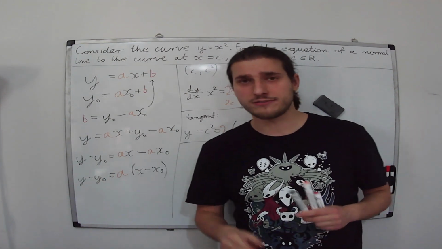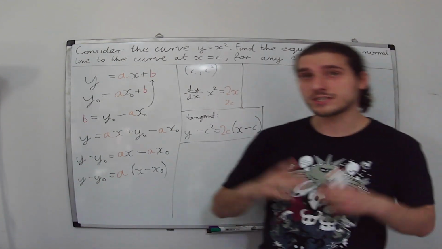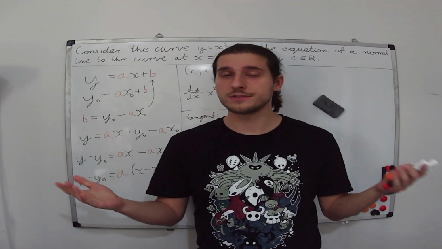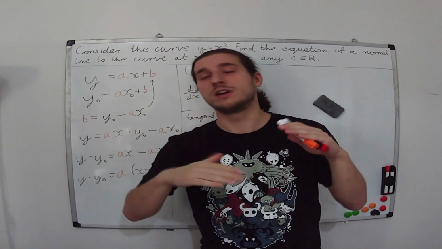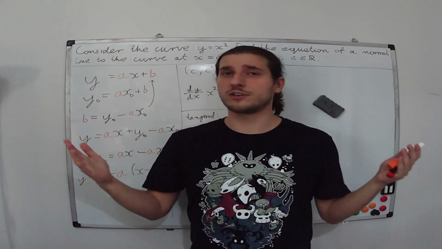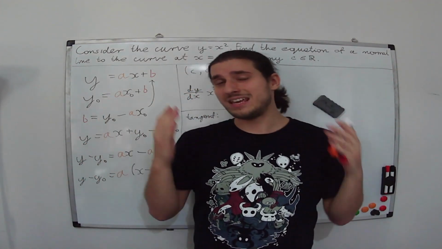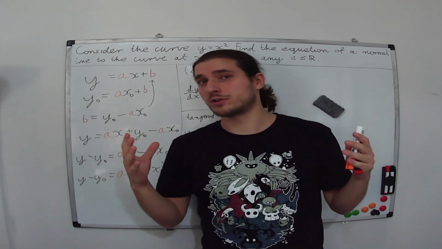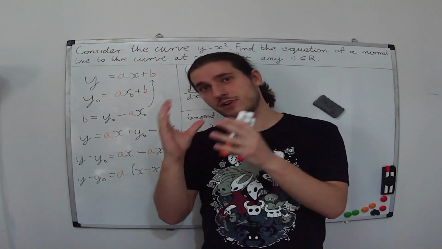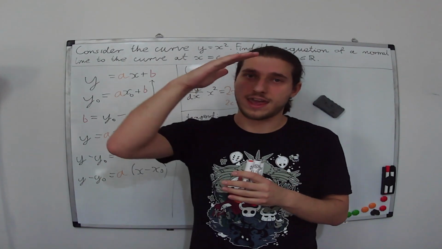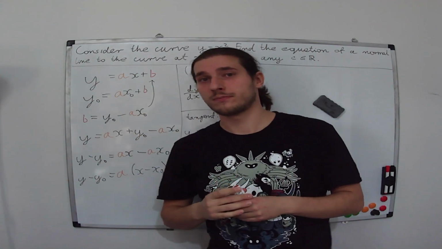Now, from that we can figure out the normal, because we know it's perpendicular to the tangent, and we know that for any line perpendicular to another line, the gradient will be the inverse, rather the reciprocal, that's also negative. The negative reciprocal of a gradient will give you a perpendicular line.